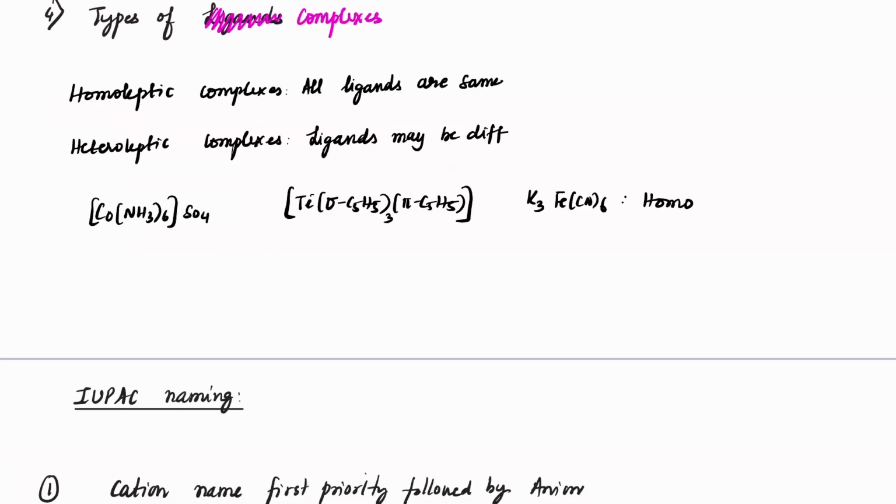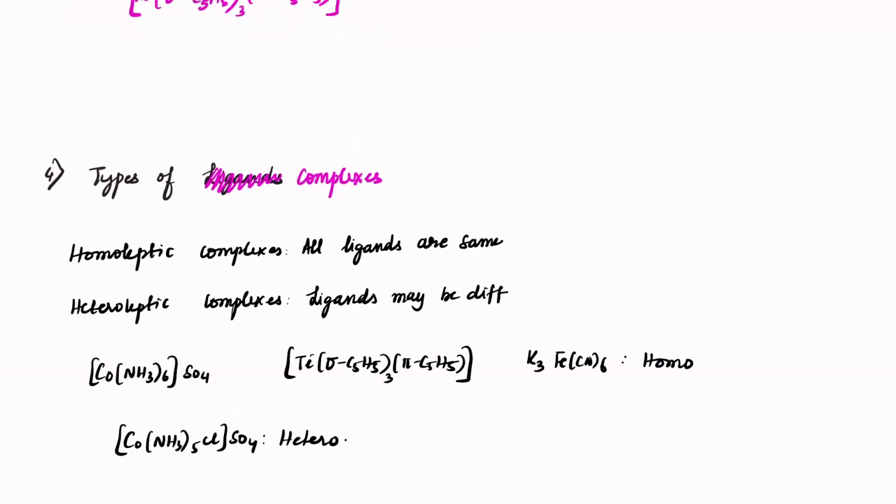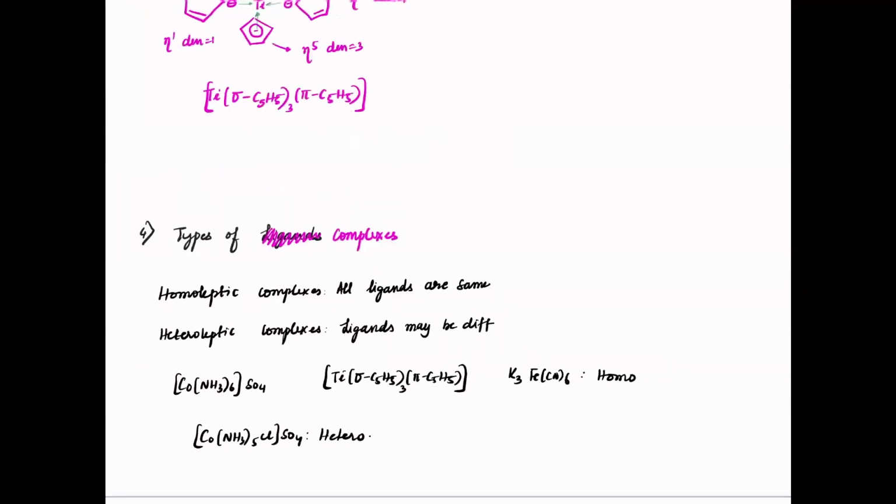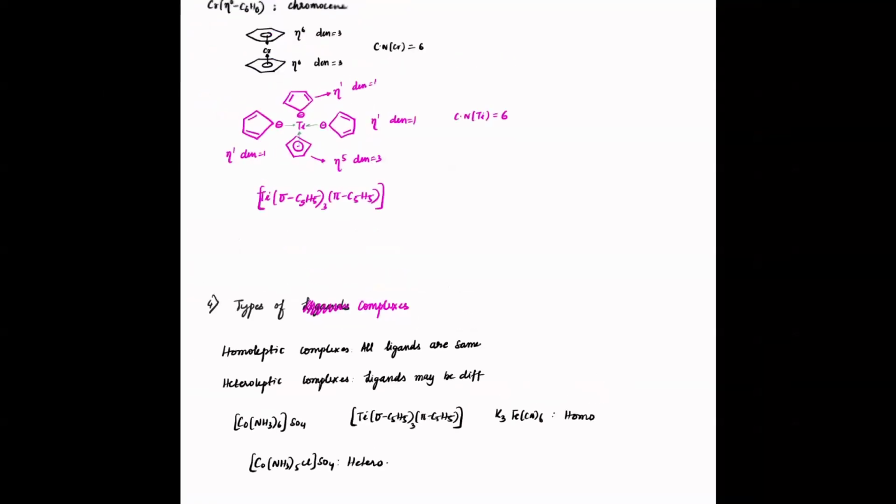If you have even one ligand changed here, like NH3, Phi, and Cl, and then SO4, this will become heteroleptic. Done. So these are the homoleptic and heteroleptic classifications. Please note, everyone.